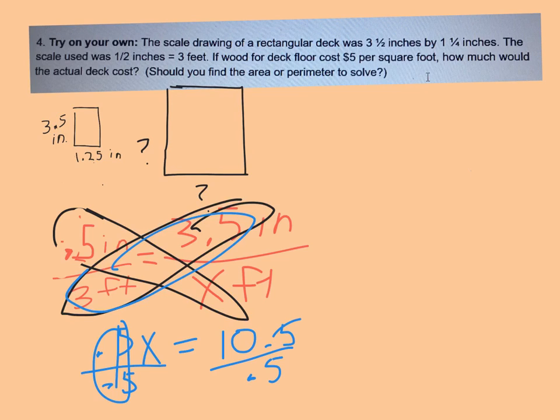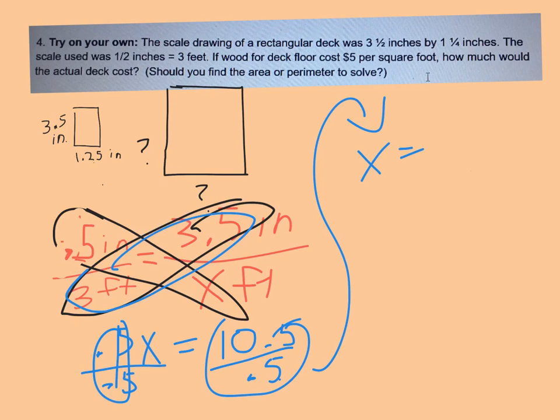So now x equals 10.5 divided by 0.5, which is 21. And that would be feet. So I've got my first measurement now, 21 feet for one of the sides of my deck. So I just filled that in here. So that's that side. Now we've got to figure out the other side.